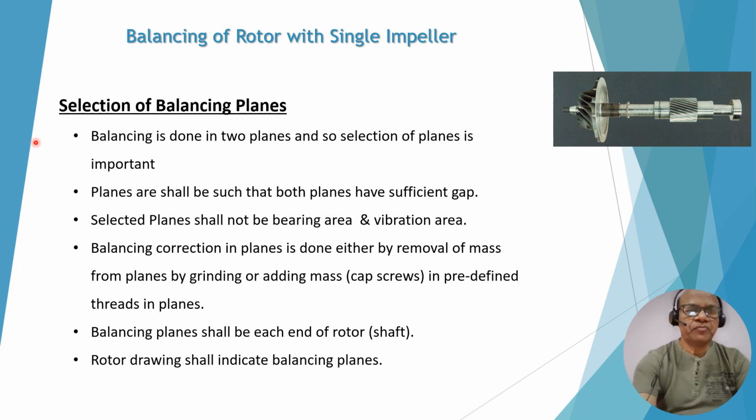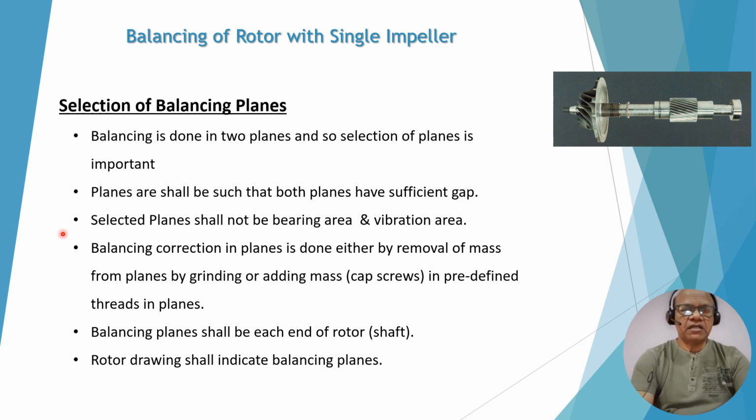The balancing planes shall be such that both planes have a sufficient gap, a sufficient separation margin between the two planes. The selected plane shall not be in the bearing area or vibration area. This is one criterion. We cannot select the bearing area or vibration area as a balancing plane.